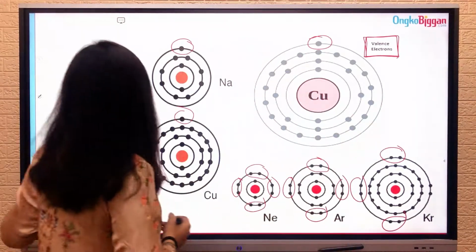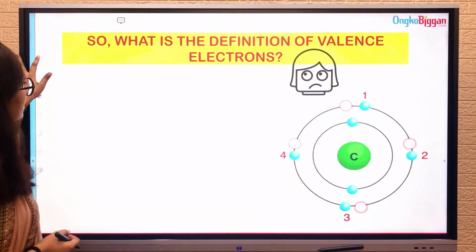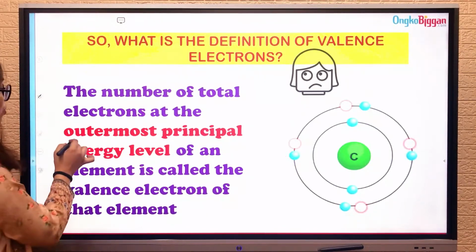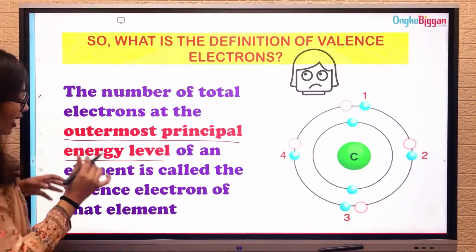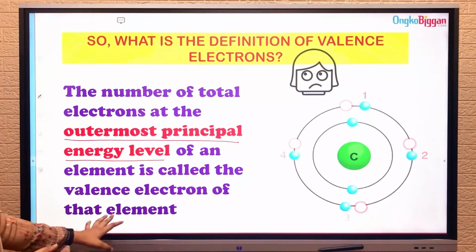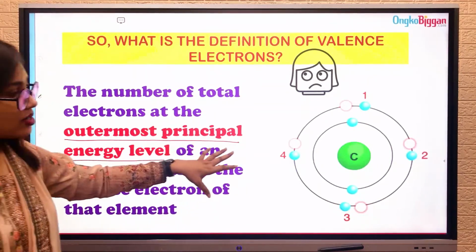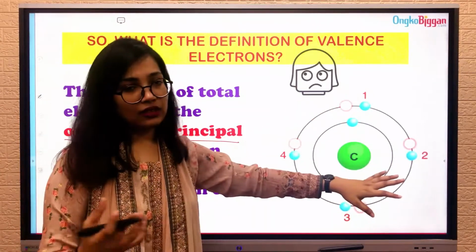The definition would be: the number of total electrons at the outermost principal energy level of an element is called the valence electrons of that element. So valence electrons are basically the outermost electrons of any atom.